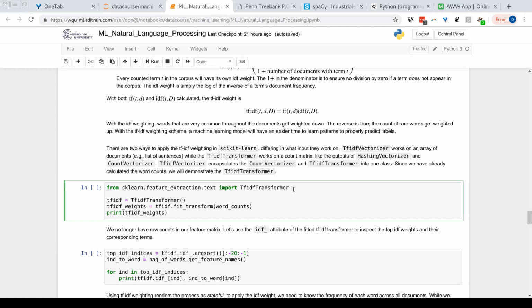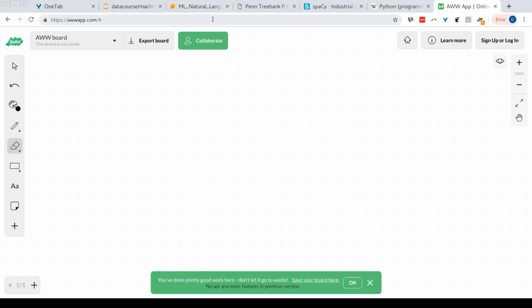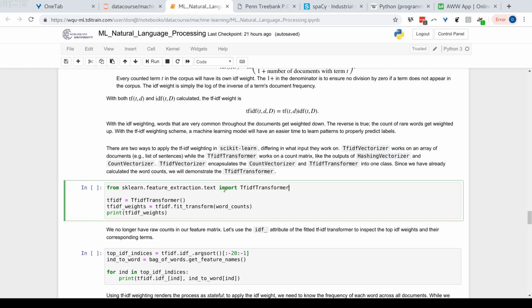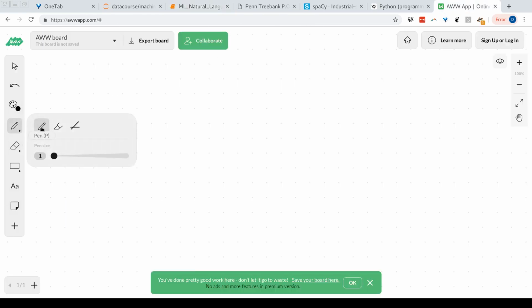And when we use this TF-IDF transformer, it's going to encompass both the counting process and the transformation process to go into TF-IDF weights. So let me just erase this here. Sorry, I misspoke. The TF-IDF transformer is going to take a counting matrix and generate the TF-IDF weights. Let me go sketch it out.